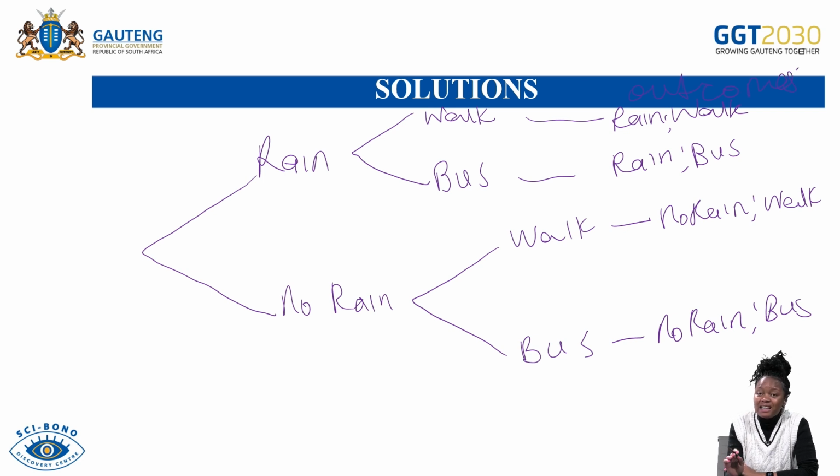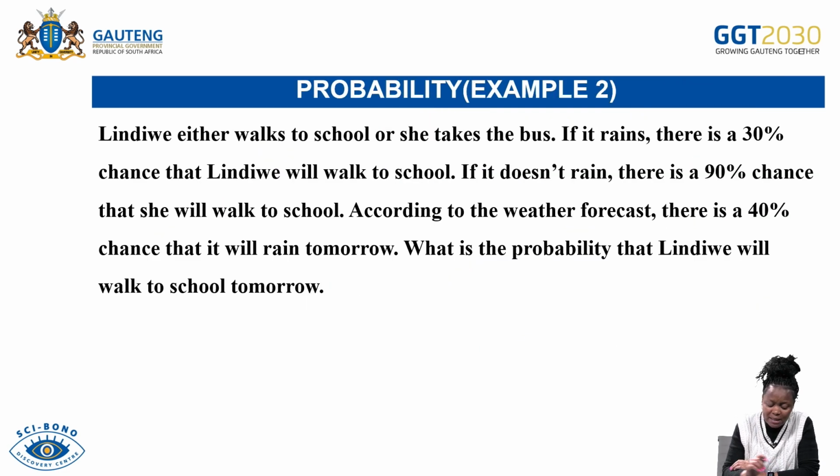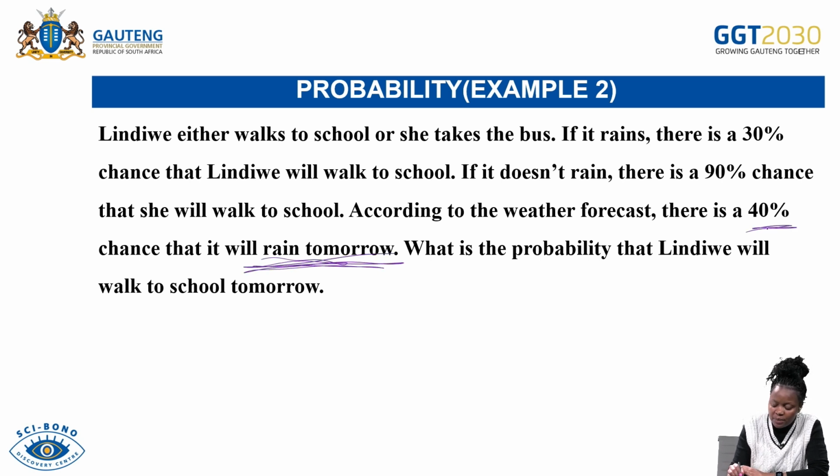And then let's write our probabilities now. Let's read the statement again. It says, if it rains, there is a 30% chance that Lindiwe will walk to school. And if it doesn't rain, there's a 90% chance that she will walk to school. According to the weather forecast, there is a 40% chance that it will rain. So the chance that it's going to rain tomorrow is 40%.